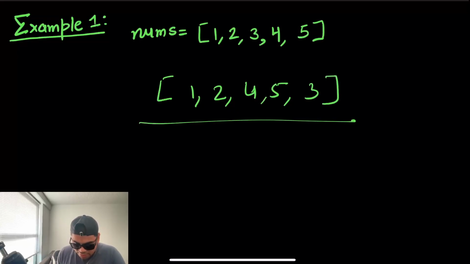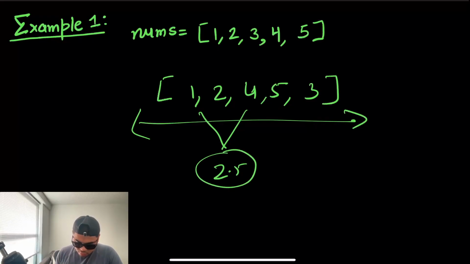Let's see why this works. If you take the average of 4 and 1, that's 5 by 2, which makes 2.5, and this is not equal to 2. So this is not equal, right?